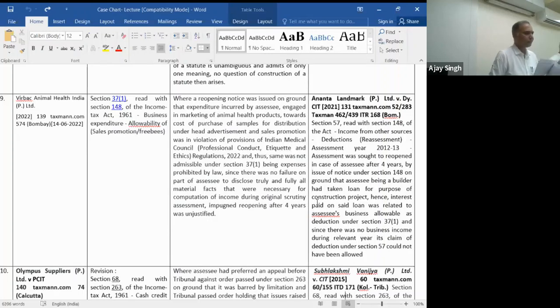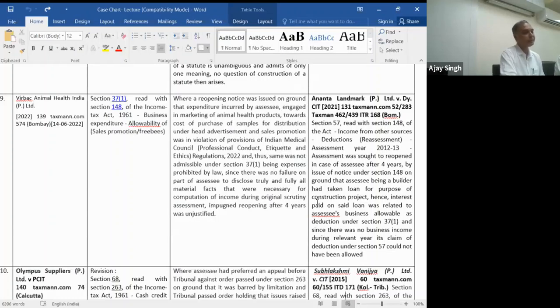Okay. So there were two issues in this. One was whether it was beyond 4 years. Yes. If it was beyond 4 years, and a full and complete disclosure was made, which was already there and had already been examined, and the assessment was also made under 143(3), then we cannot view it again. Yes, truly and fully disclosing all material facts.